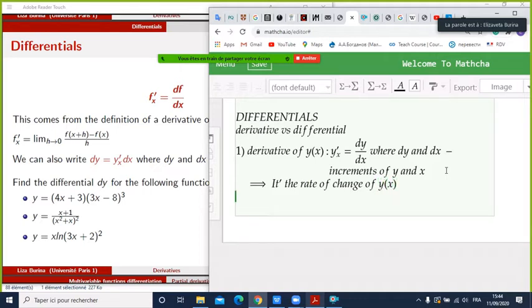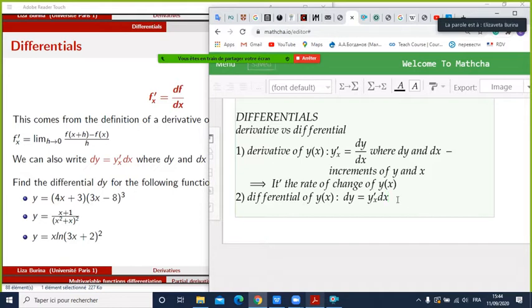So differential. Well, differential is just this part of y. Let's write it. Differential of y of x. It's dy, and it equals, from here it's very easy to see, y prime x dx. So that's it.